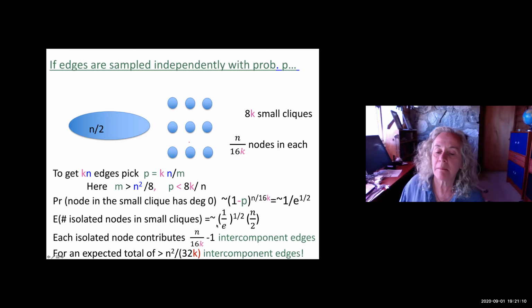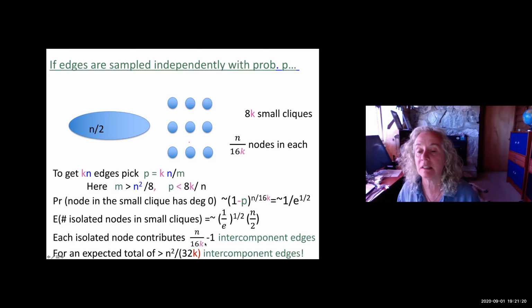So the number of intercomponent edges: for every isolated node in one of these cliques, you get roughly n over 16k intercomponent edges. So the expected total number of intercomponent edges in this case is roughly a constant times the number of nodes here times n over 16k, which is Omega of n squared over k.